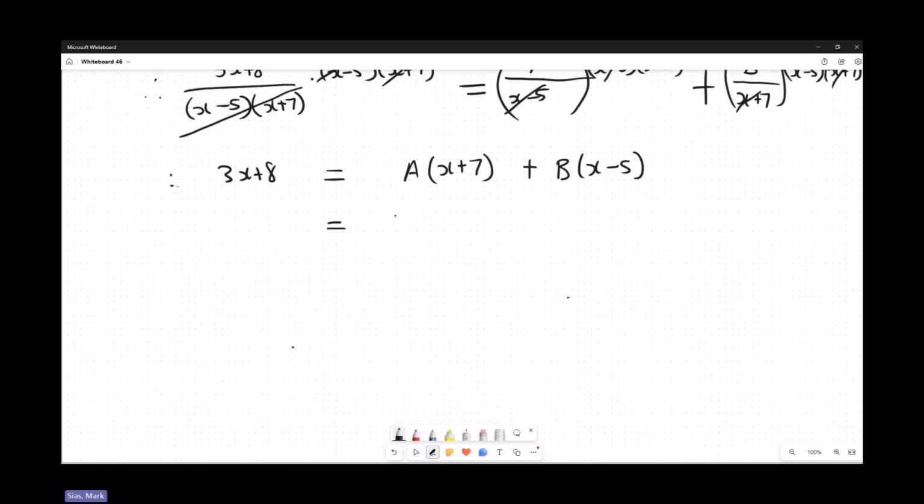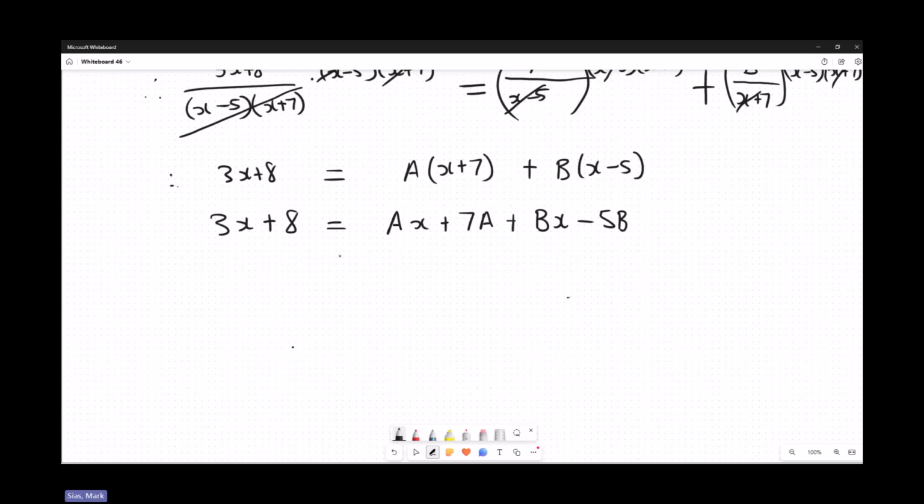So I've got ax plus 7a. I'm multiplying now, guys, plus bx minus 5b. And this is 3x plus 8.